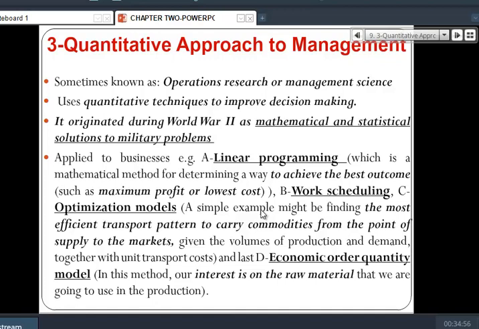In this method, our interest here is in the raw materials that we are going to use in production. So the quantitative approach is using the raw materials, the very fresh materials.